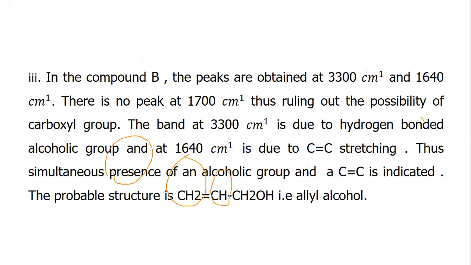In compound B, the peaks are obtained at 3300 per cm and 1640 per cm. There is no peak at 1700 per cm, thus ruling out the possibility of a carboxyl group. The band at 3300 per cm is due to the hydrogen bonded alcoholic group, and the one at 1640 per cm is due to carbon-carbon double bond stretching.